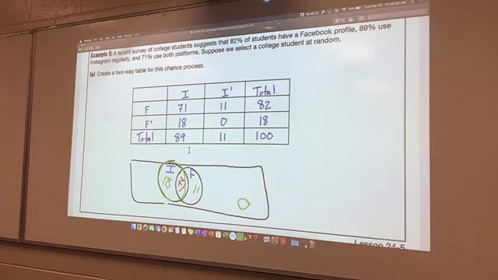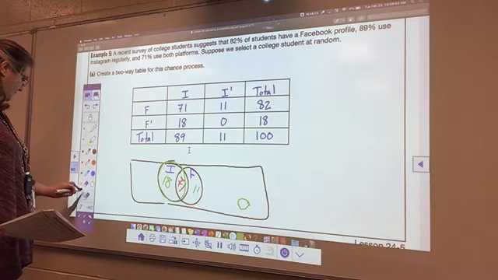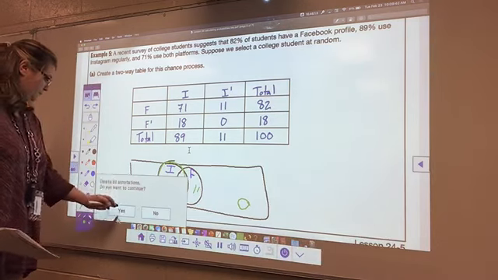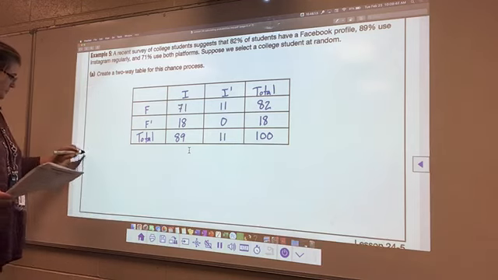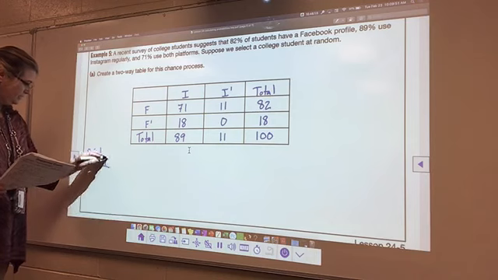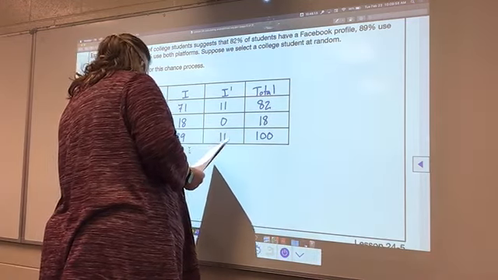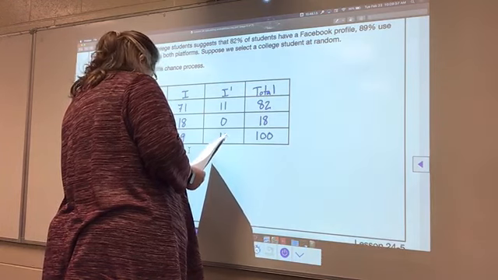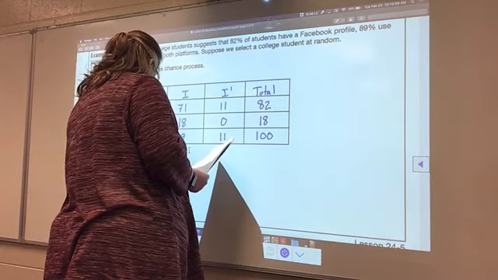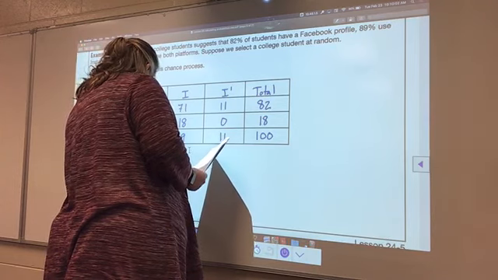Facebook given that Instagram. So you should have the intersection of both of them, so both divided by Instagram.